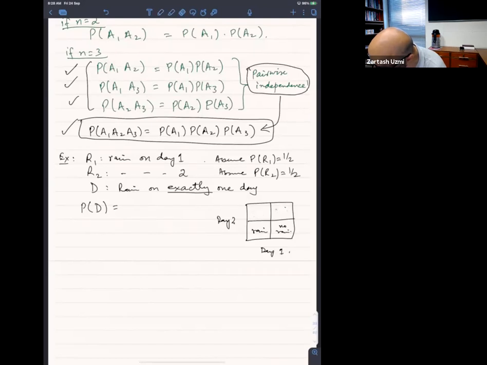Maybe better way of writing it is rain and no rain. Similarly, rain and no rain. So if you look at it, on this sample point you have rain on both days. On this sample point you have no rain on either day. इसको यहाँ पे लिख देते हैं.